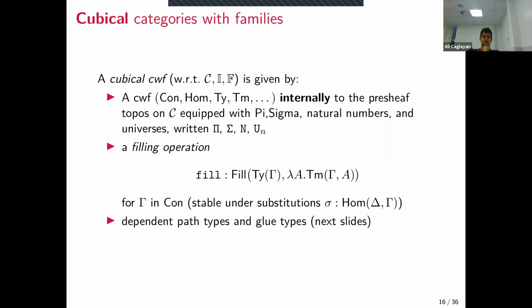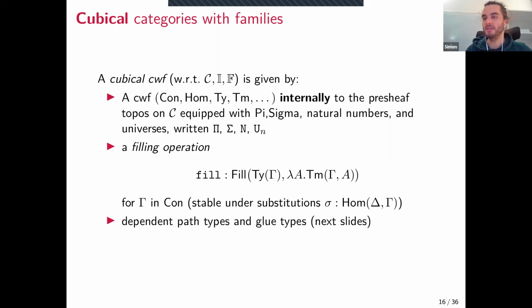Wait, here. Did you say the presheaf gives you a set of contexts? I mean, Con is an object in the internal language, right? So what does it act on? How do you take sections of that?